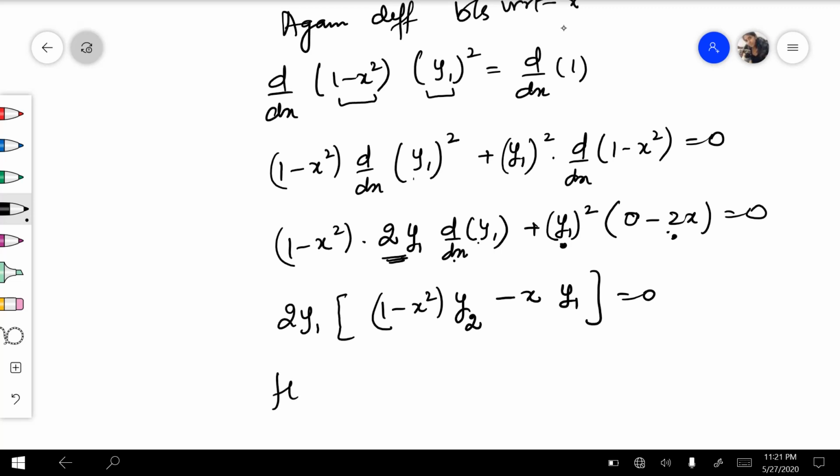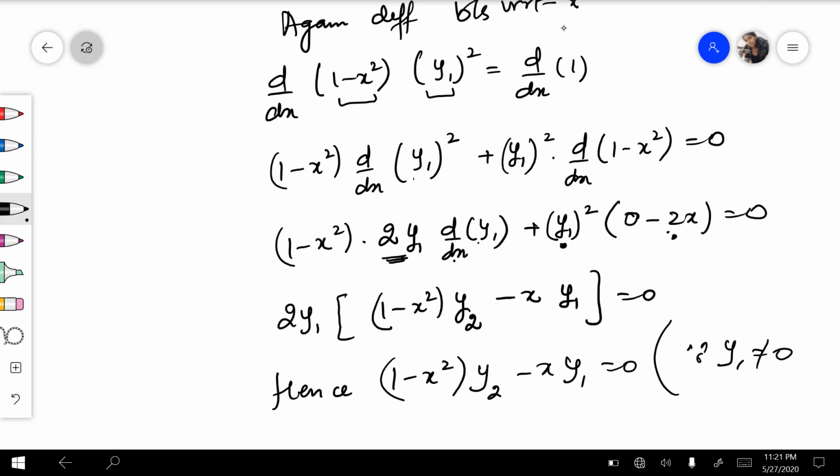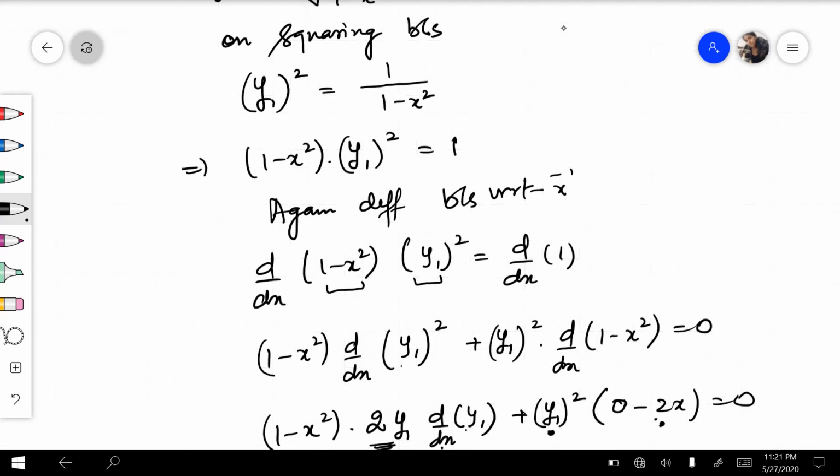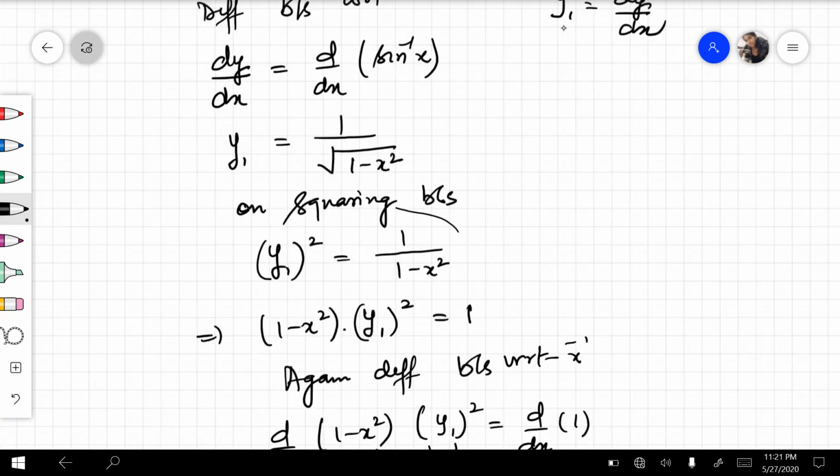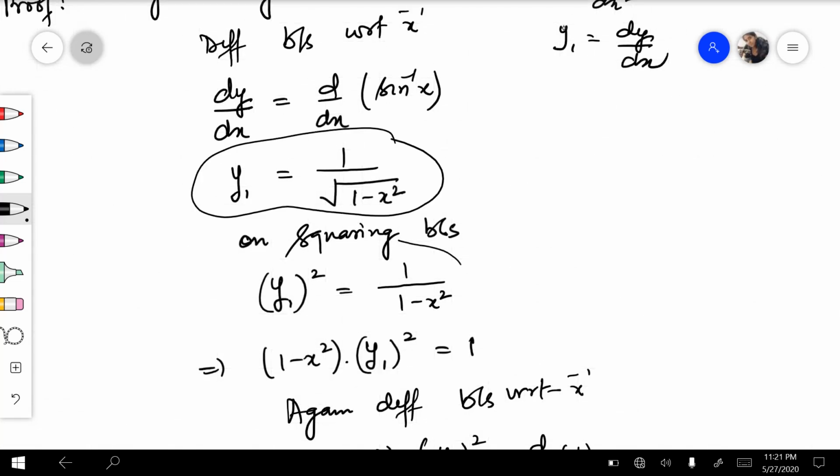This implies 1 minus x square into y2 minus x into y1 equals to 0 because y1 is not equal to 0. So this proves the question.